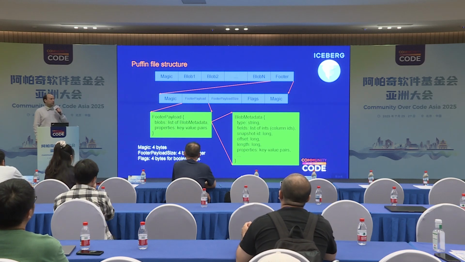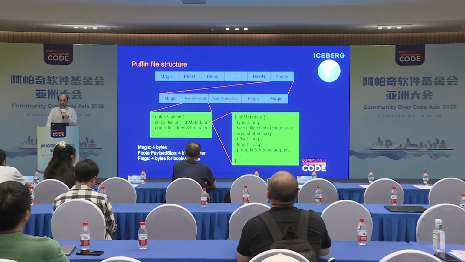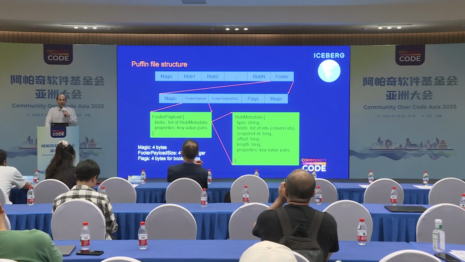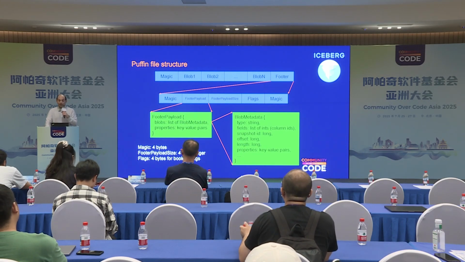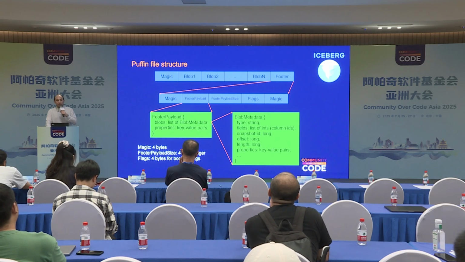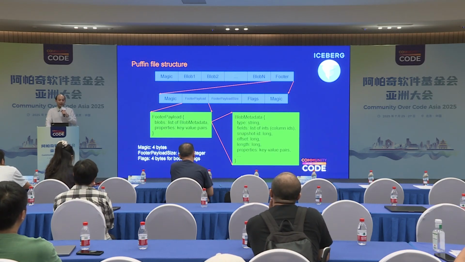This is the overall structure of a Puffin file. So at the beginning, after some magic bytes, you have the blobs, the binary data, and at the end, you've got a footer. Now, the footer consists of multiple fields, but the most important is the footer payload, which is a JSON structure, where you have some optional key-value pair properties, and a list of blob metadata structs.